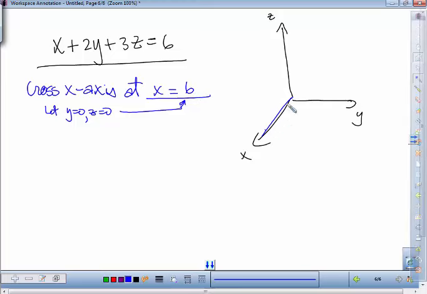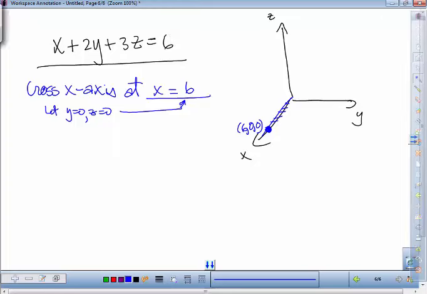So at 6, that would be more specifically 6, 0, 0, because y and z are equal to 0. I would be at that point. And so that point exists in this graph. All right?